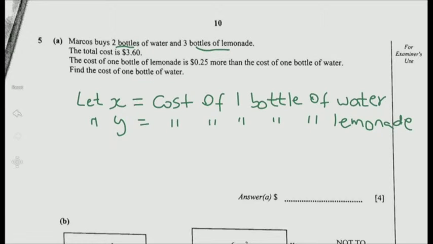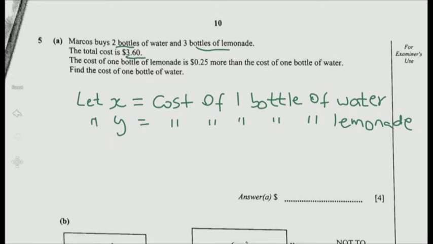You think of it because you are given the total cost, that it's $3.60 there. Then what will be the cost of 2 bottles of water and 3 bottles of lemonade in terms of x and y there?